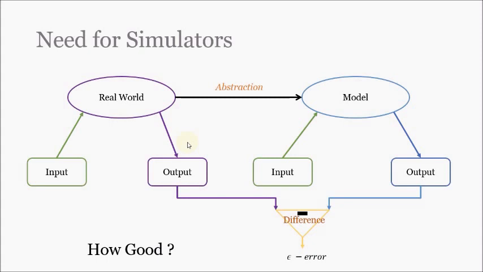And in some other cases, you will look into some other measure of error. But in short, we are looking for some error between the two outputs. Depending on how small the error is, the model can be accepted or declined.